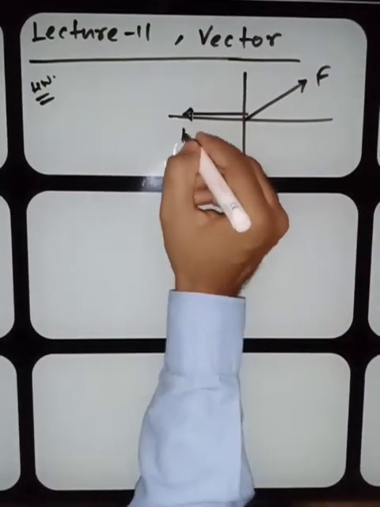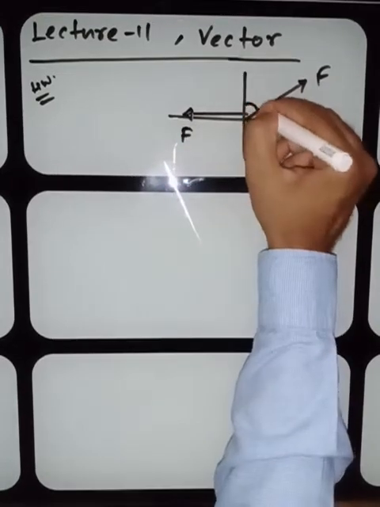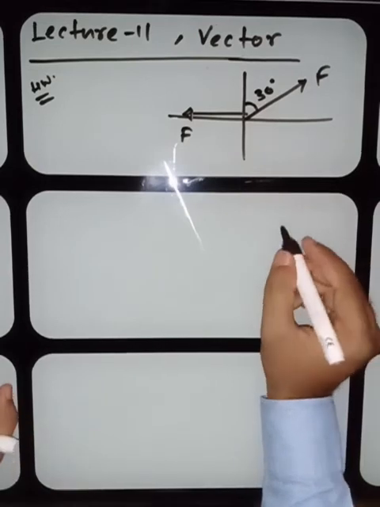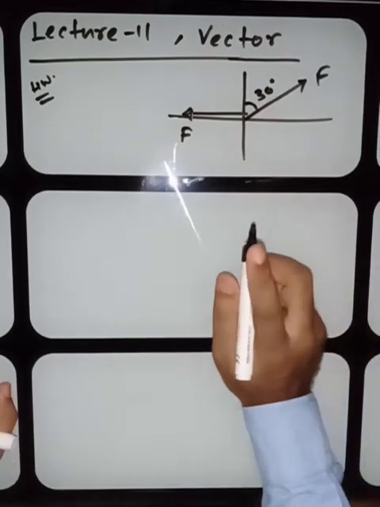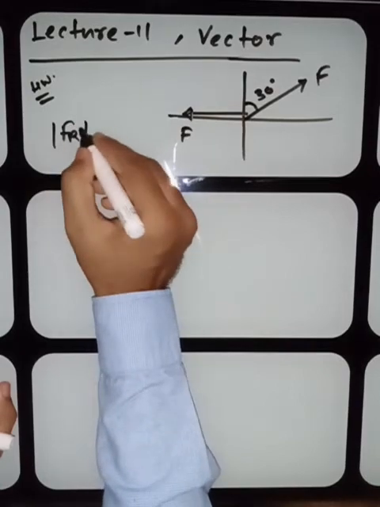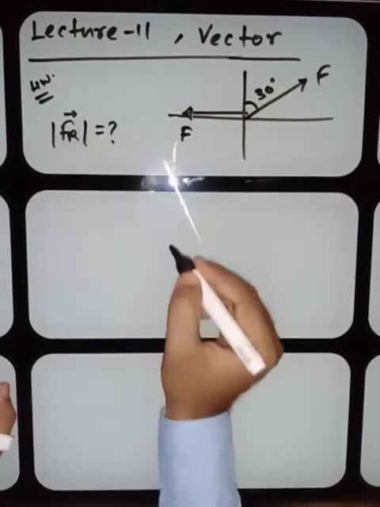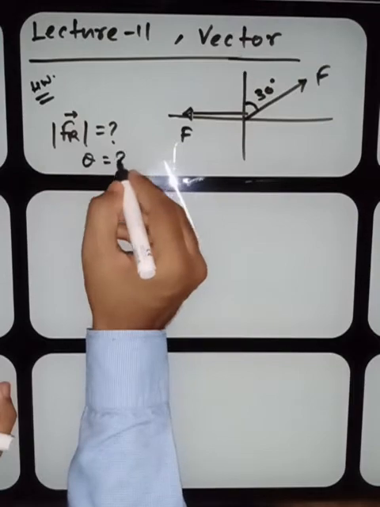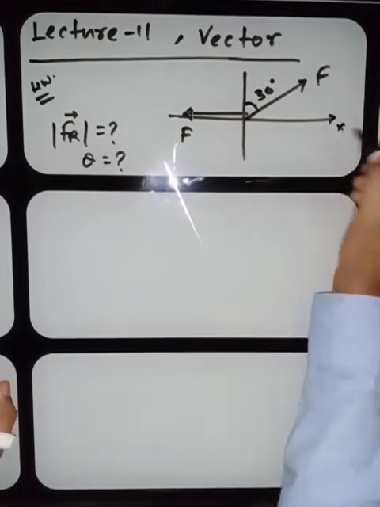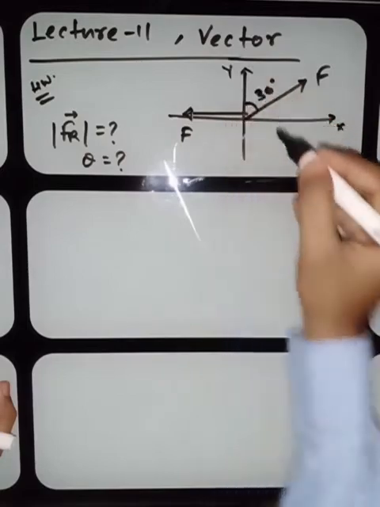This is F and this angle is 30 degree. You have to find the magnitude of the resultant force Fr and theta, the direction of the resultant force. This is the x-axis and this is the y-axis.